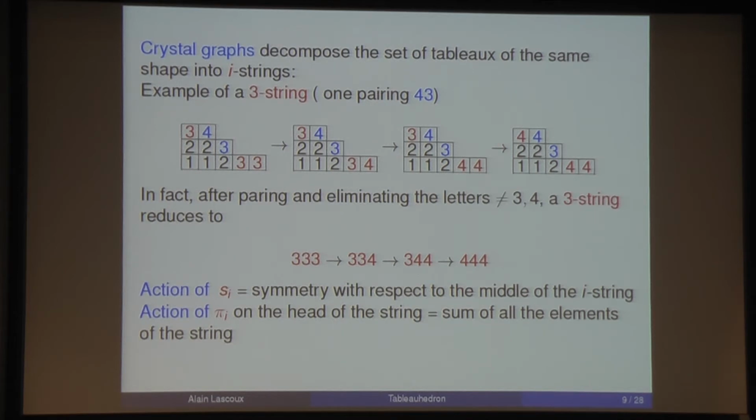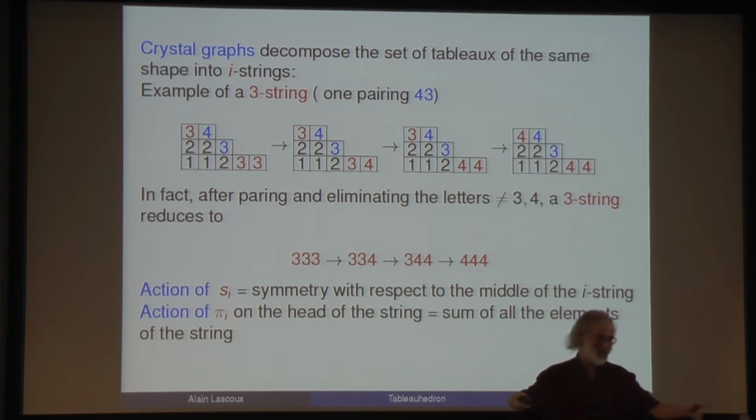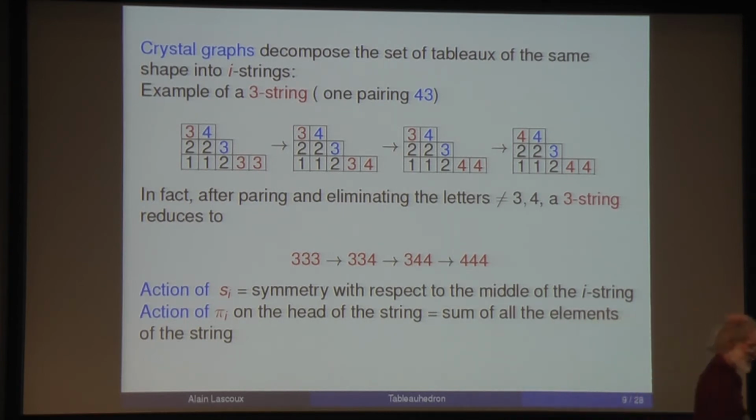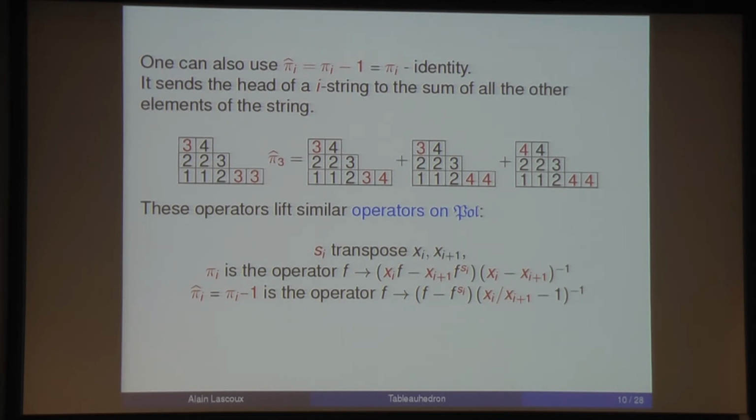So instead of exchanging the 2 elements, you take the sum of the 2 elements and those between the 2. But there is one thing which has not been mentioned: you have the pi operator, but what is very surprising is that you have also other operators which are the same, minus the identity. So you take the operator minus the identity.